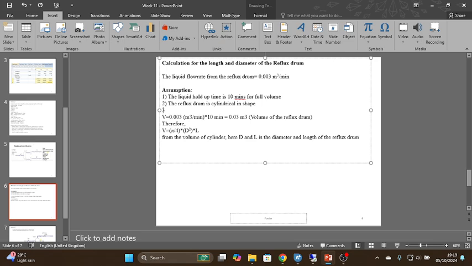Our third assumption is L by D, that is the ratio of length by diameter, is equal to 2.